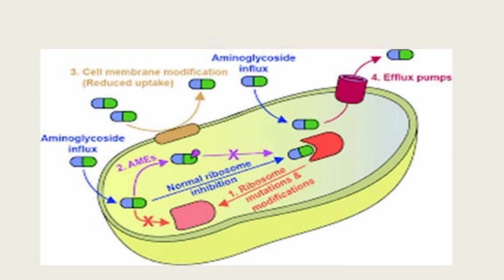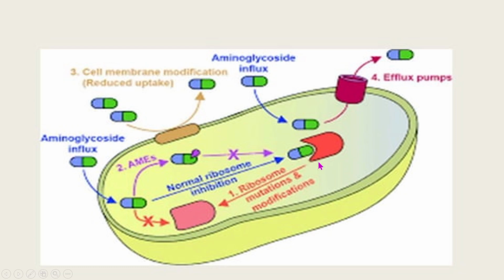Now, this is a pictorial diagram representing the mechanism of action of the aminoglycoside type of antibiotic. Now, the way the aminoglycoside antibiotic enters the cell, it is going to go for the normal ribosomal inhibition. They are going to attach to the 30S ribosomal subunit of the bacterial cell. The moment they are attached to the ribosomal subunit, as we have already discussed, mutational and modificational changes take place in the ribosomal subunit.